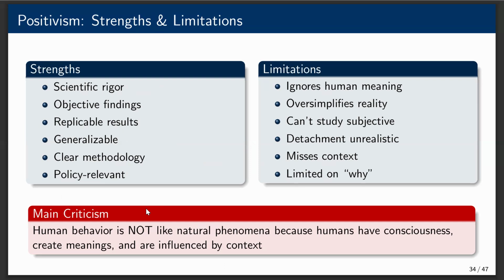It ignores human meanings, it oversimplifies reality, it cannot study the subjective, detachment is unrealistic, it misses context, and is limited on why. The main criticism is that human behavior is not like natural phenomena, because humans have consciousness, they can create meanings, and they are influenced by the context. So that is the main criticism of positivism.